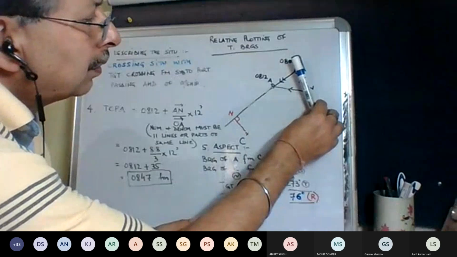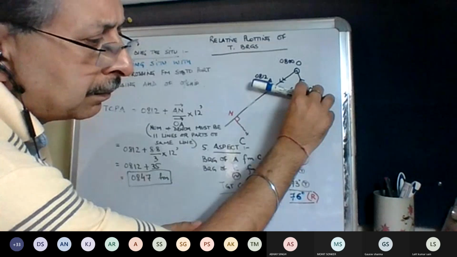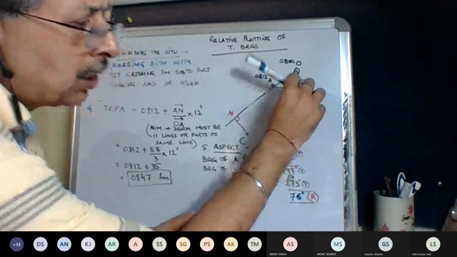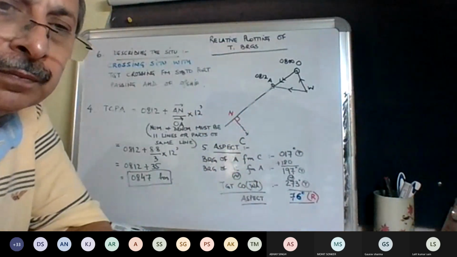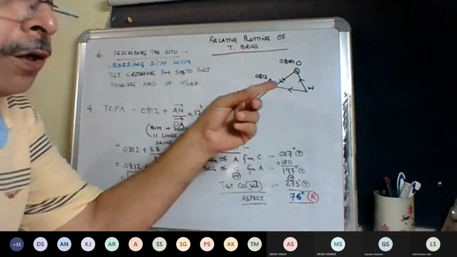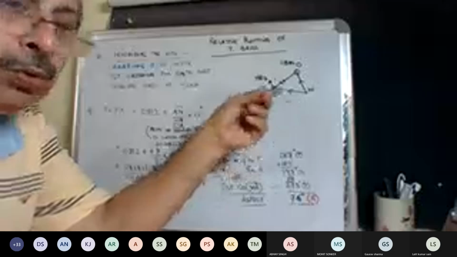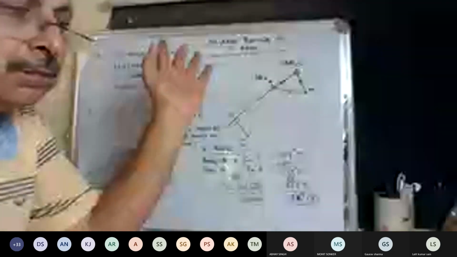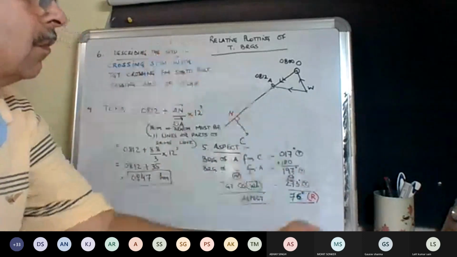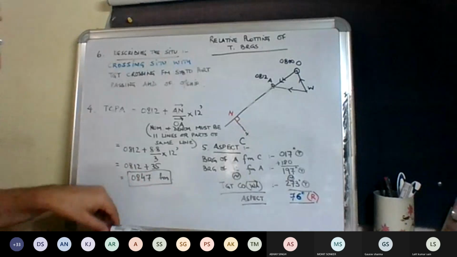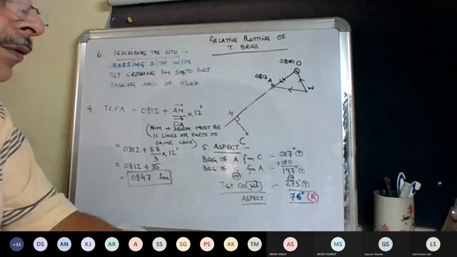So अगर टारगेट ऑल्टर कोर्स करता है, अगर टारगेट ऑल्टर कोर्स करता है, तो WA will become WA1. अगर ओनशिप ऑल्टर कोर्स करती है, तो WO will become WO1. ठीक है? Is this okay? Yes. All right.